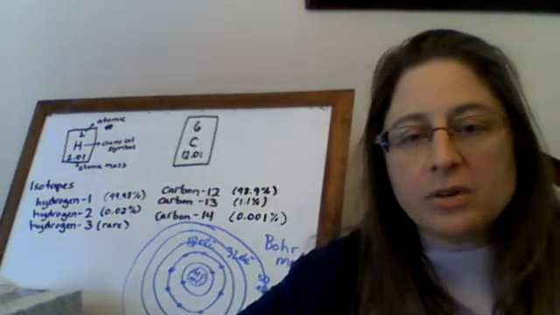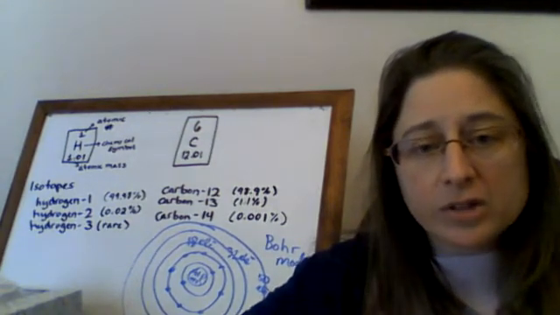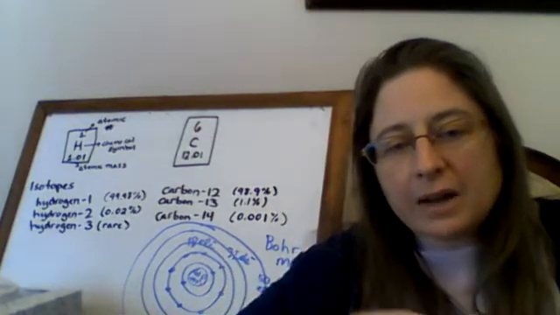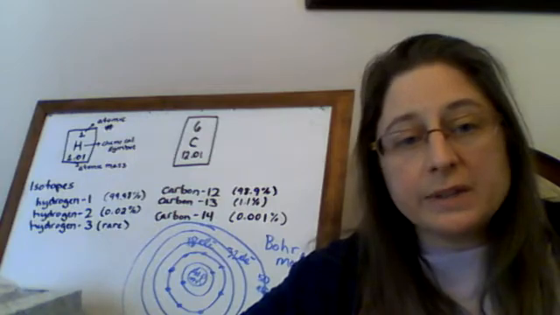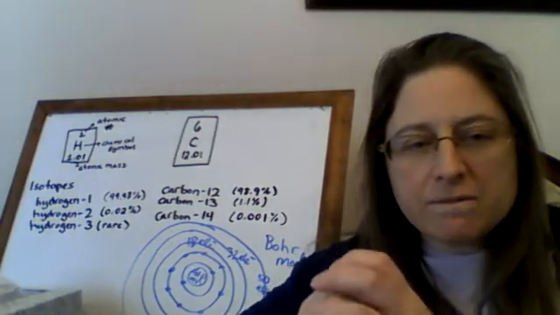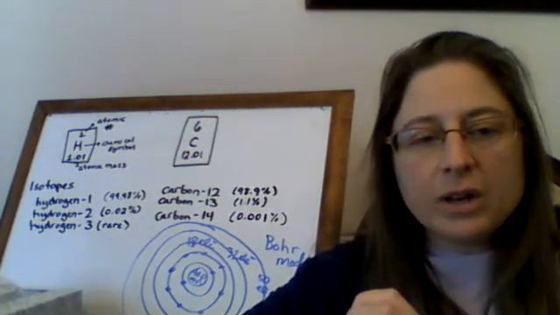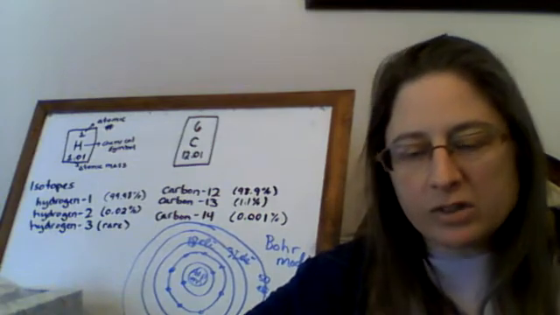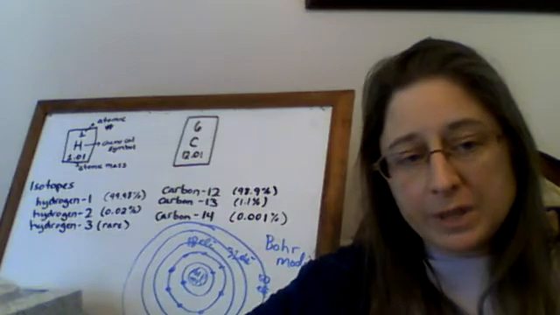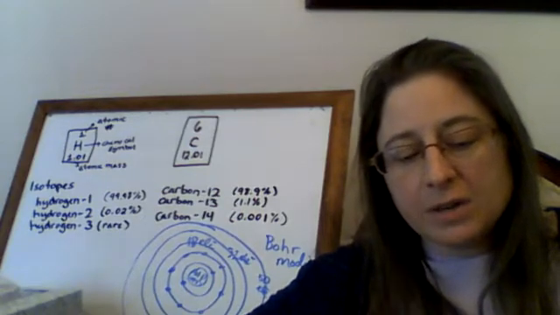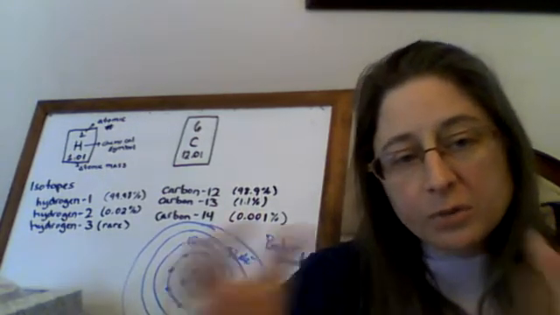And of course, you know that like charges repel each other. So how can we pack 6 positive charges, protons, into one nucleus at very close distances when all 6 of them want to repel each other very much, right? So that repulsive force, because they're the same charge, positive, should force them apart.